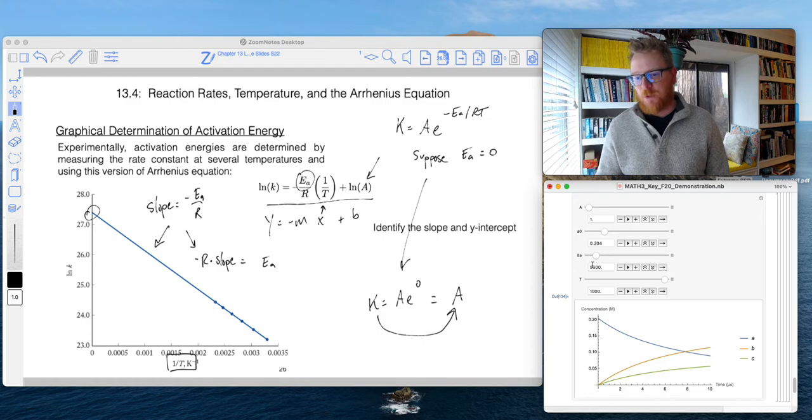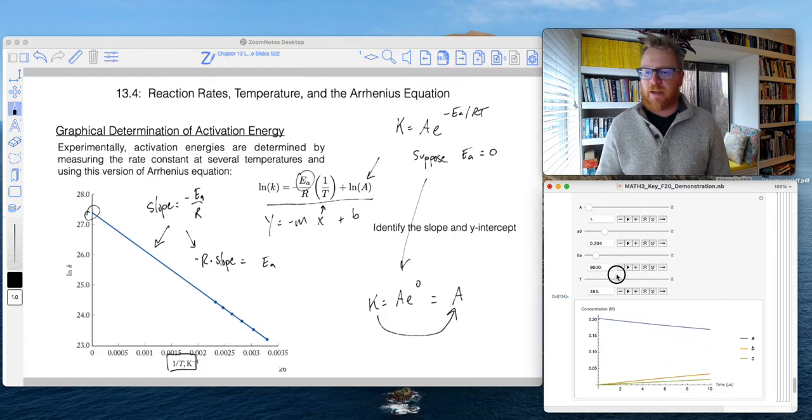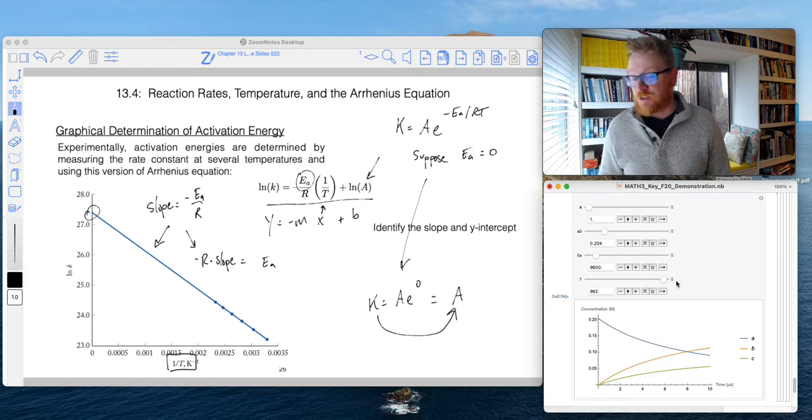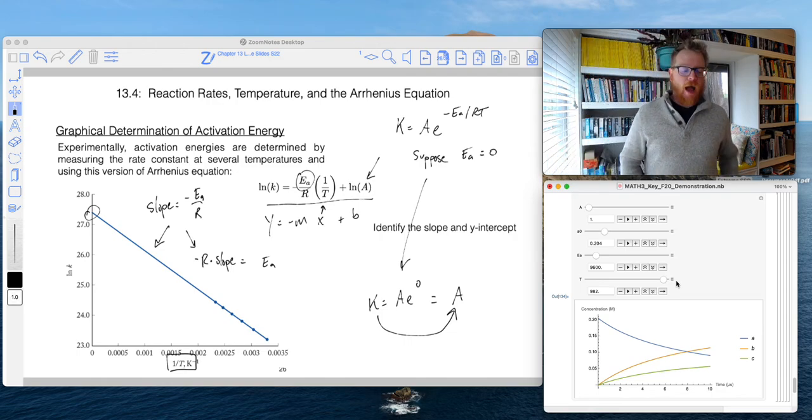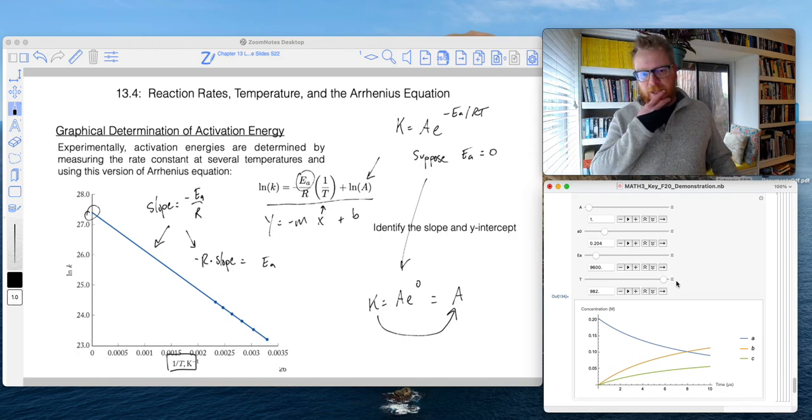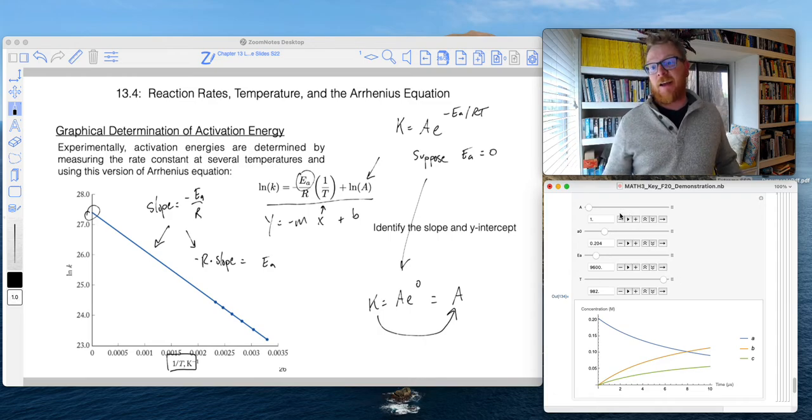Now let's say with this 9,600 joule per mole activation energy, you can see that changing my temperature has a lot more of an influence, right? I can make it colder and it reacts slower, or I can make it hotter and it reacts faster. Of course, this is all theoretical, but this gives us a good place to start understanding our kinetics.